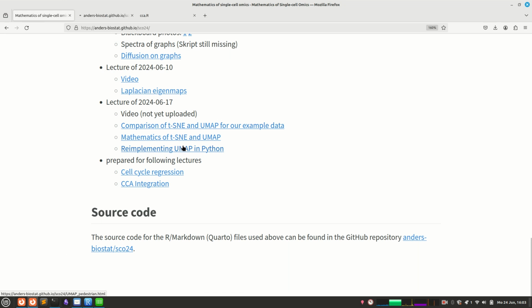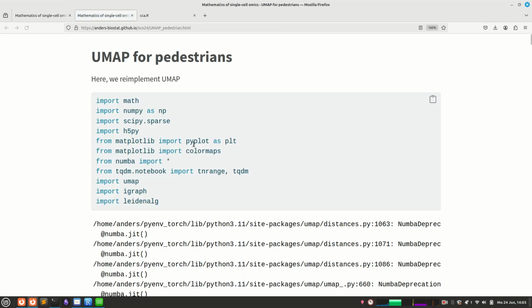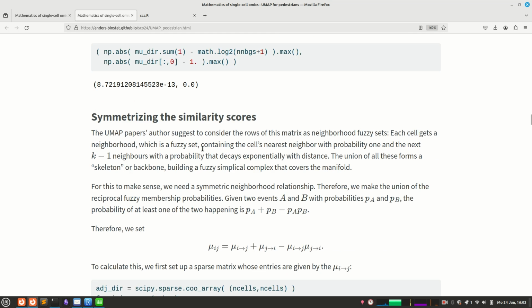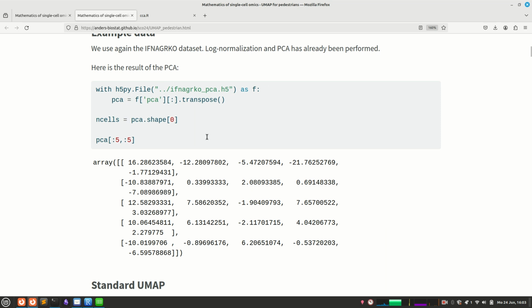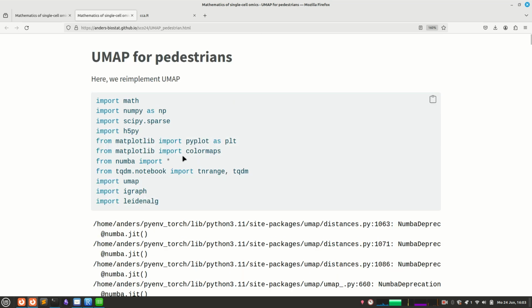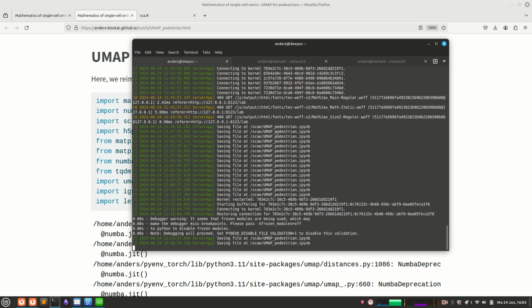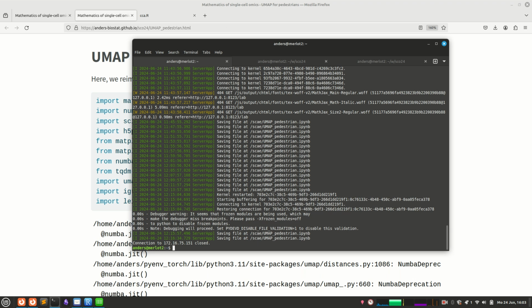Here I showed you this re-implementation of UMAP in Python, which wasn't quite finished before. Now it is, and I've uploaded it here as a Python notebook.